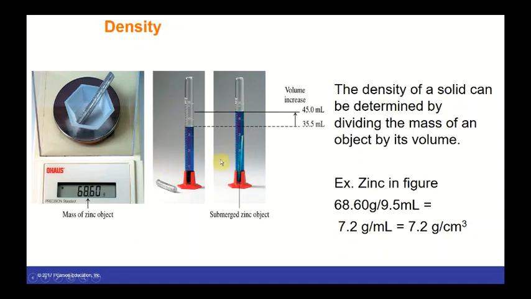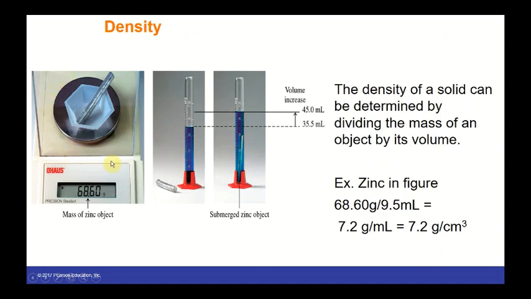We can determine the density of a solid by using the displacement method. If we have a known volume of a liquid and we place a solid in there, we can see our initial volume and our final volume. The difference between the two is the actual volume of the solid.